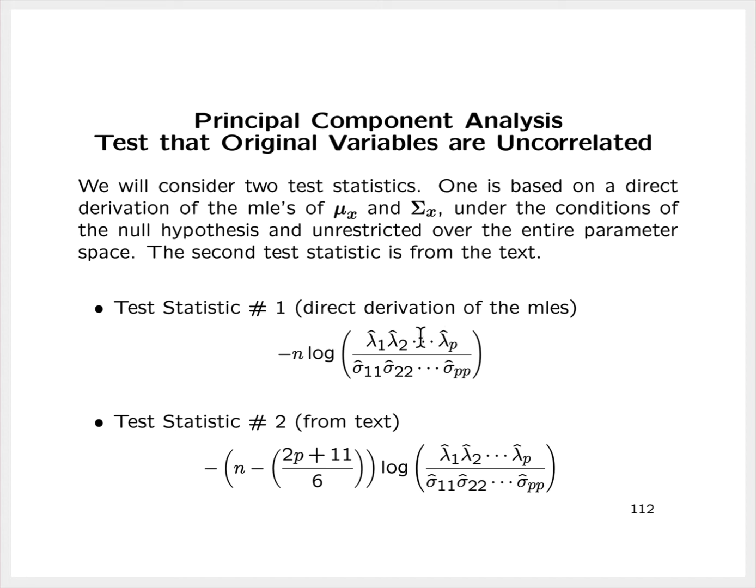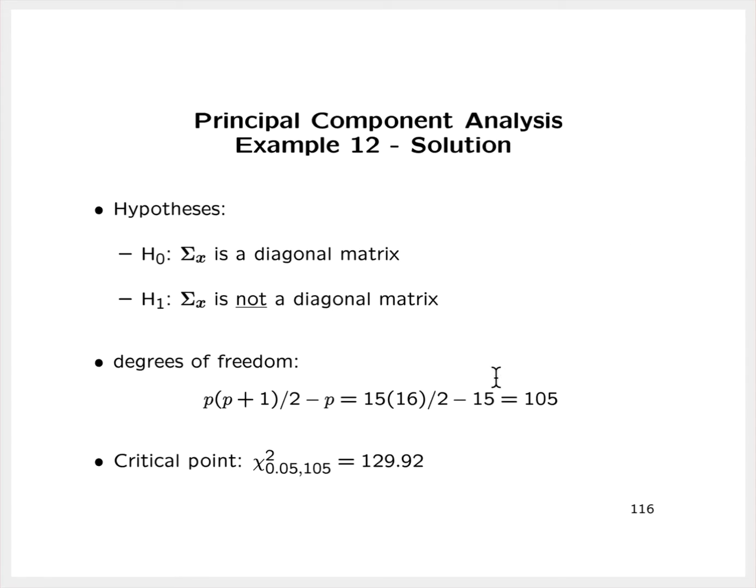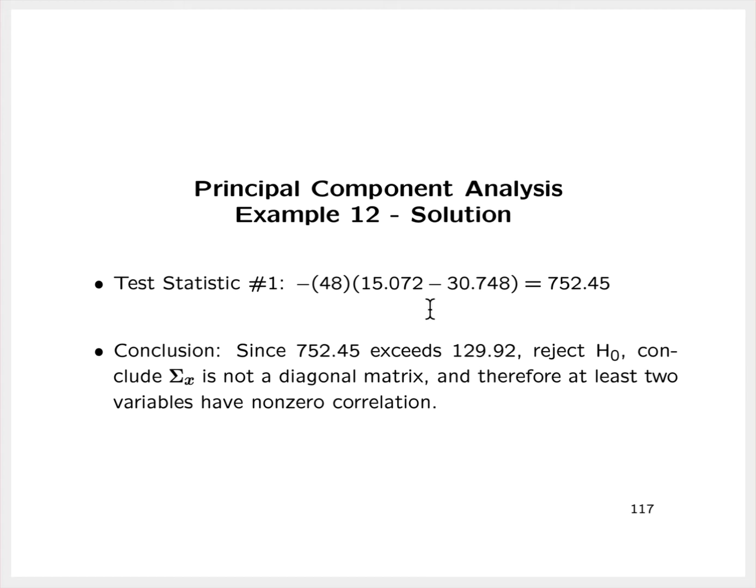On a slide like this, I can't put the actual values of the lambda hats, multiply them out, along with the values of the sigma hats, all shown on the page. So I have to express it in a more succinct format, and that's what I'm doing here.